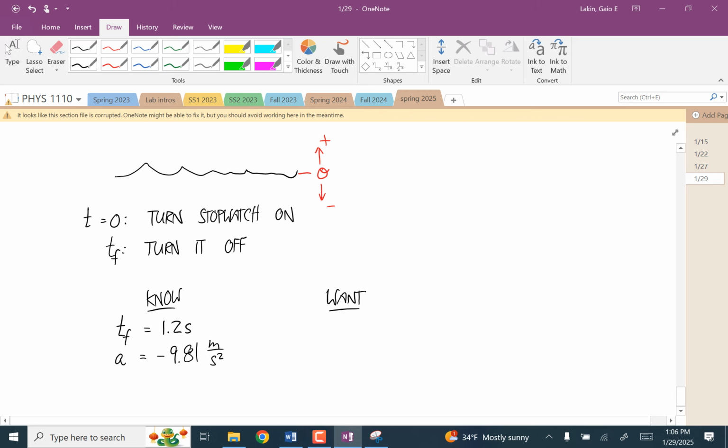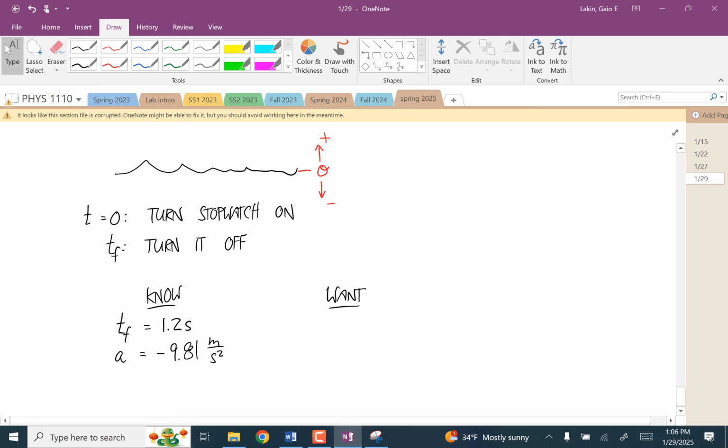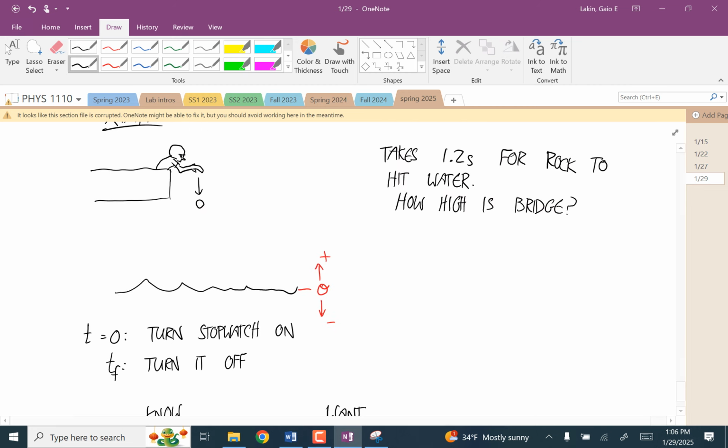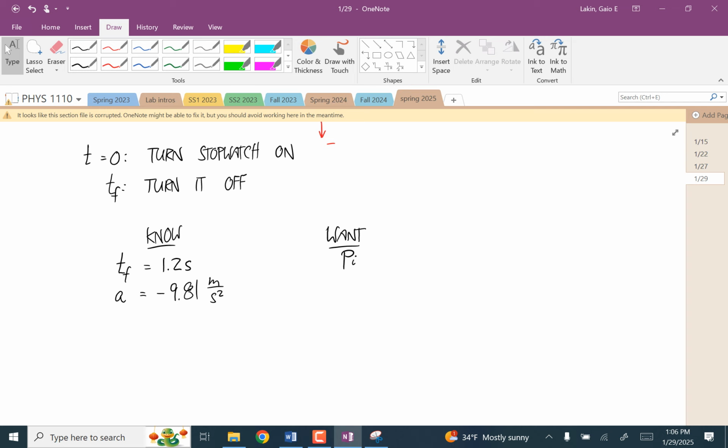Do we know the initial position? Not yet, right. That's what we're trying to find. We want to figure out what the position is at the top of the bridge. Do we know the final position? 0, yep. So PF is 0.